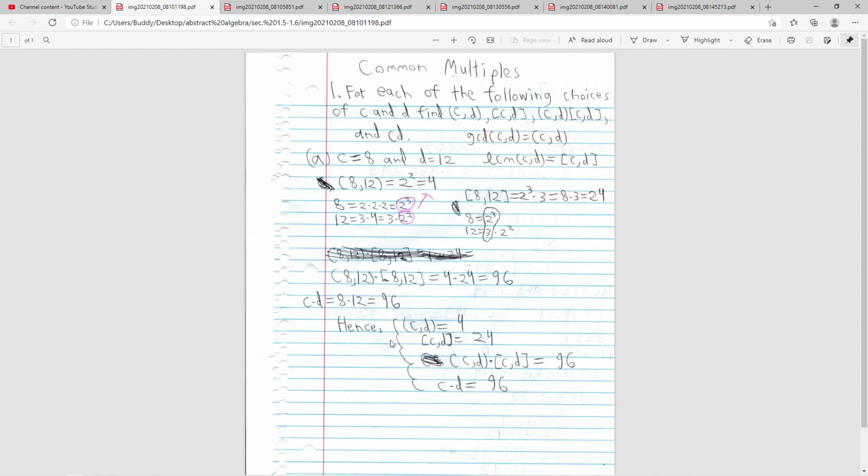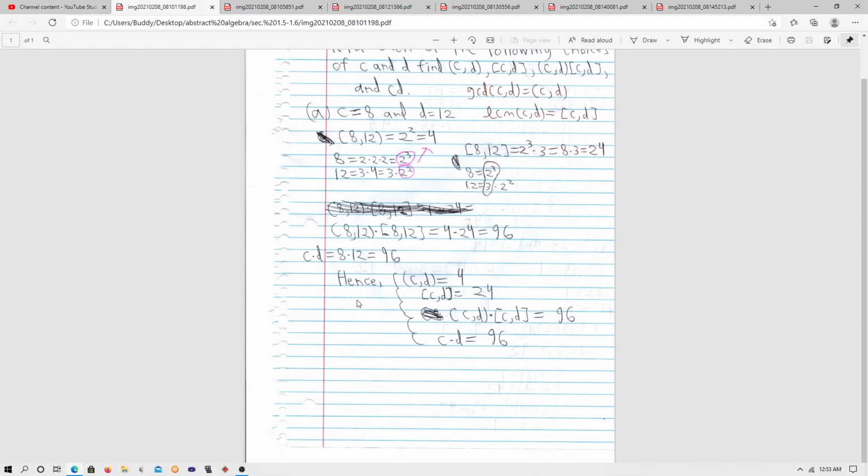Square brackets. And of course, GCD times LCM equals 4 times 24, which equals 96. And C times D equals 8 times 12, which equals 96, just like the GCD times LCM. A little known fact is that the product of the GCD and LCM of two numbers equals the product of the two numbers.